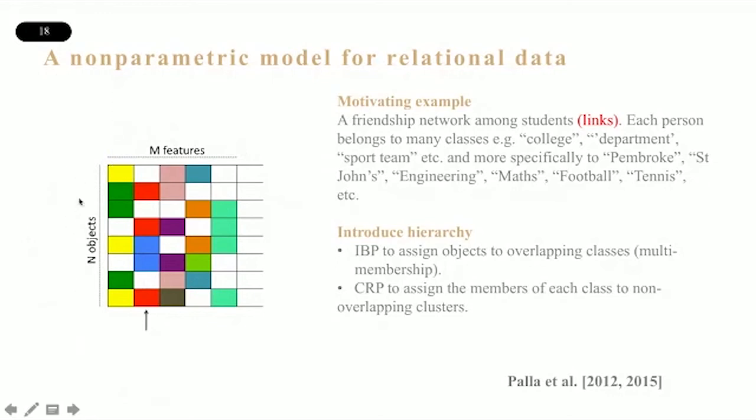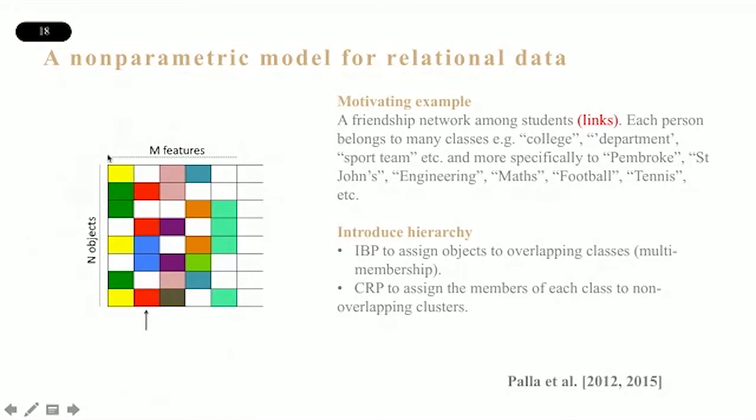The rows are the people, the objects, and the columns are the features. Please think of the features as the overlapping classes. For each object, I use colors to indicate that the first object is assigned to the first class, the third class, and the fourth class. The second object is assigned to the first, the second, and the third class. So on and so forth for all the objects.